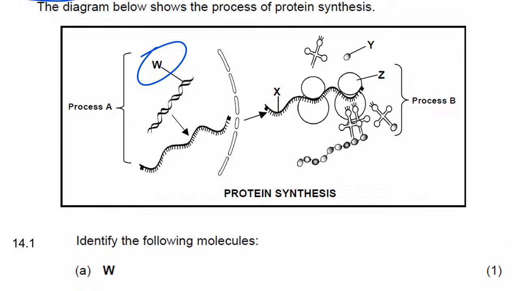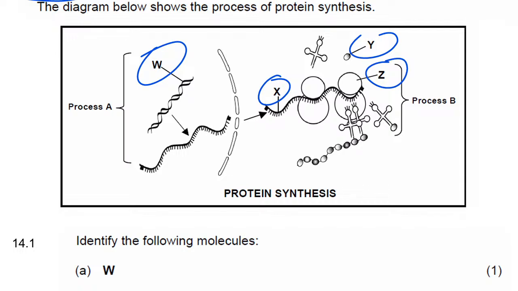DNA, DNA molecule. What is the X? X is messenger RNA. What is the Y? Y is amino acid. What is Z?